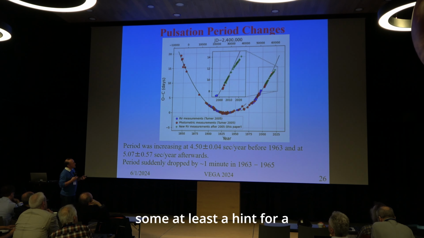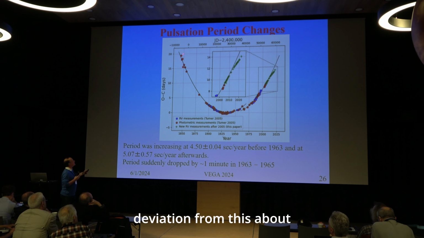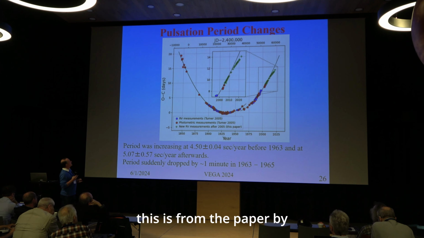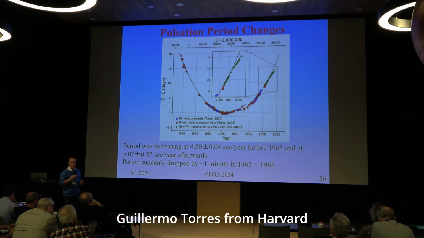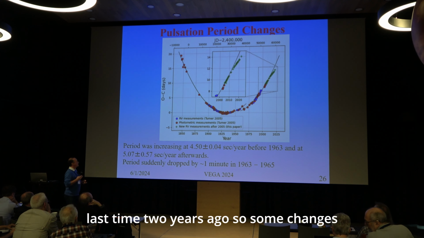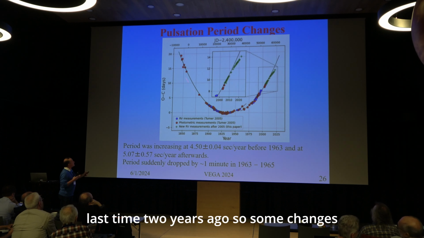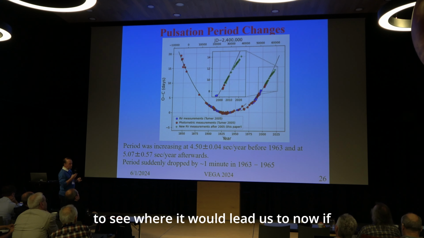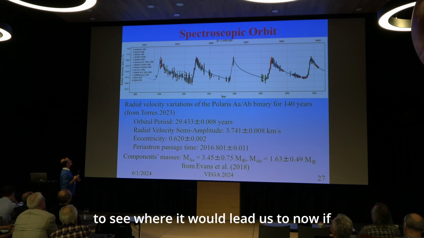But there is at least a hint of a deviation from this roughly parabolic curve. And here is a close-up. This is from the paper by Guillermo Torres from the Harvard-Smithsonian Center, which was published 2 years ago. So some changes, and it's interesting to see where it would lead us.